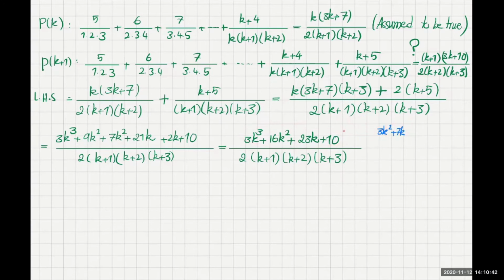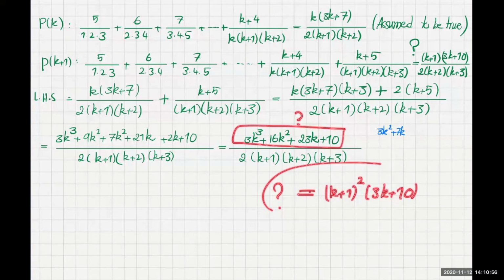You see, if this expression in the numerator is equal to k plus 1 to the power 2 times 3k plus 10, if this is true, then I am done. Why? Because when I put this instead of this question mark, one of these k plus 1s and one of these k plus 1s here are cancelled.